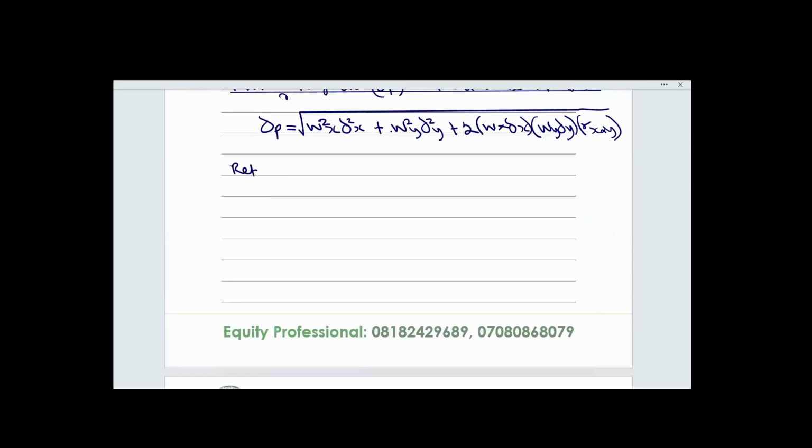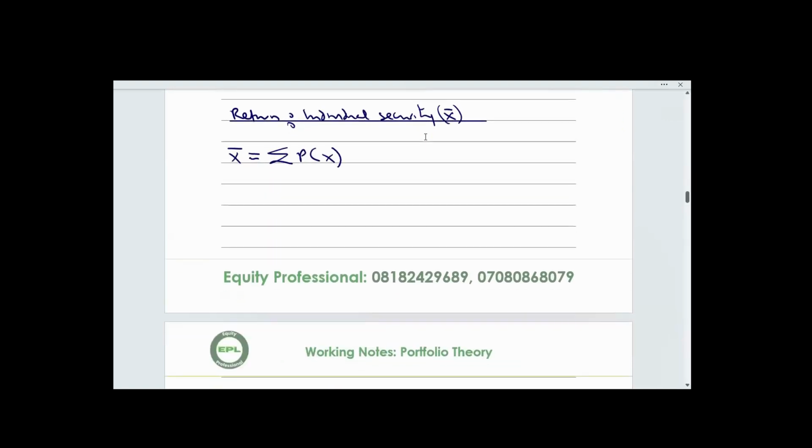For the return of an individual security in a portfolio, you are supposed to calculate the expected value. Again, we did this under risk and uncertainty. So the expected return of any individual security is computed as the summation of probability of X, that is, just multiply probability with the return.